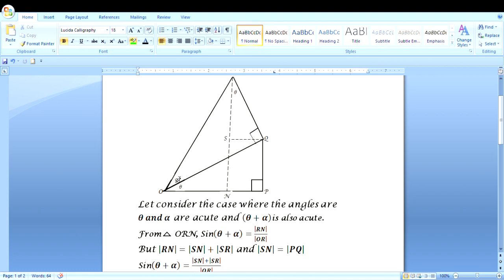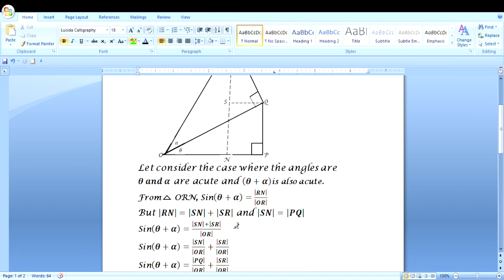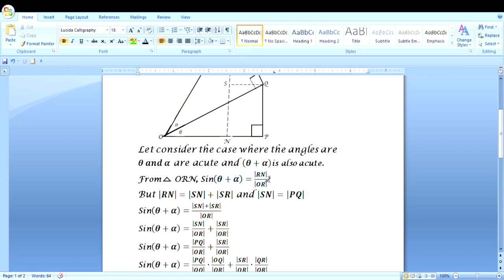The opposite of these two angles is RN, while the hypotenuse is OR. So the sine of theta plus alpha here is RN over the line OR. Okay, but the line RN, like I said, is SN plus SR, but SN here is the same thing as QP.